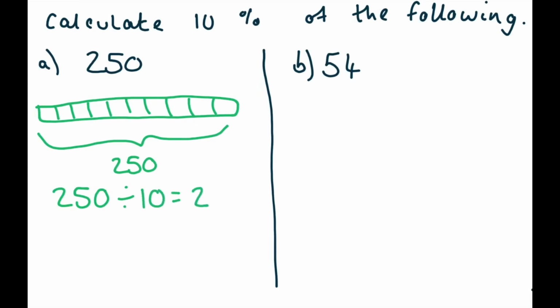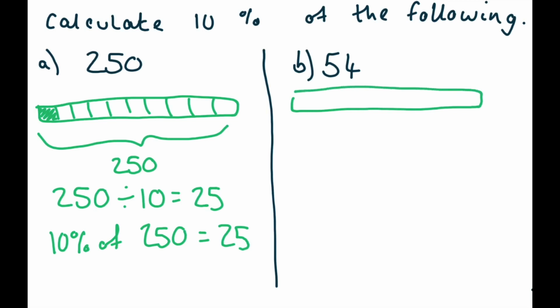So that gives me 25. So each of these boxes is worth 25. Now I just want one of these boxes in this case. So then I'm finished there. I can say 10% of 250 equals 25.